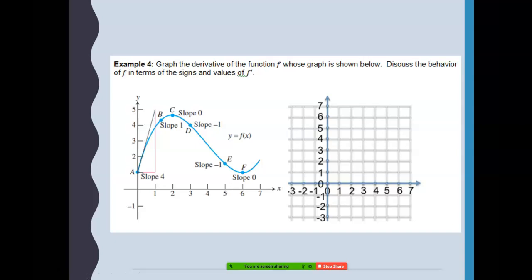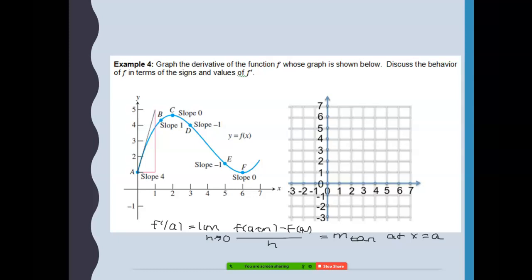It also represents the value of the derivative at that point. So if I asked you to find f prime of A, you use the limit as h approaches 0 of f of A plus h minus f of A all over h, which gave you the slope of the tangent at x equals A.